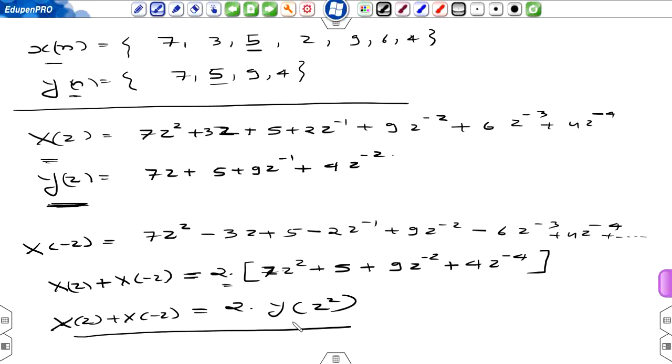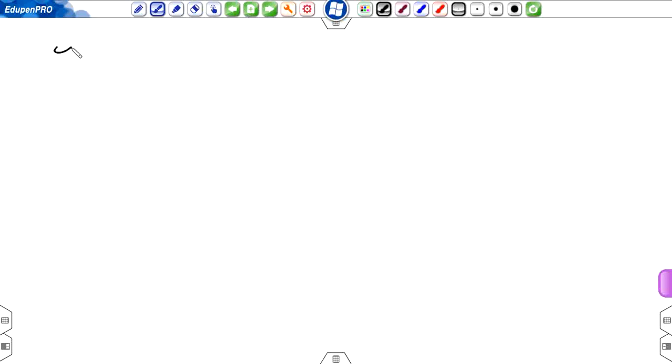And instead of z^2, I can write z under root z, so it will become Y(z) equal to X(z^(1/2)) plus X(-z^(1/2)) divided by 2.